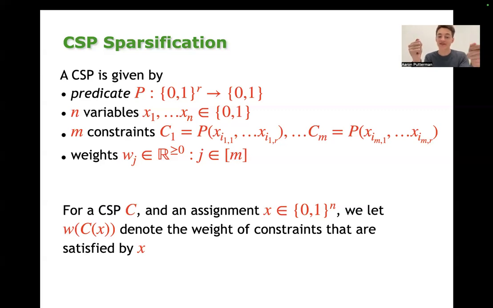We then let W_C(X) denote the weight of all the constraints that are satisfied by X. Recall every single constraint is just the predicate being applied to some subset of variables. So when you specify a global assignment, you're also specifying the assignment to all the variables that participate in a given constraint. Then either the constraint will evaluate to 1 or it will evaluate to 0. 1 is what we consider for satisfaction of the constraint.